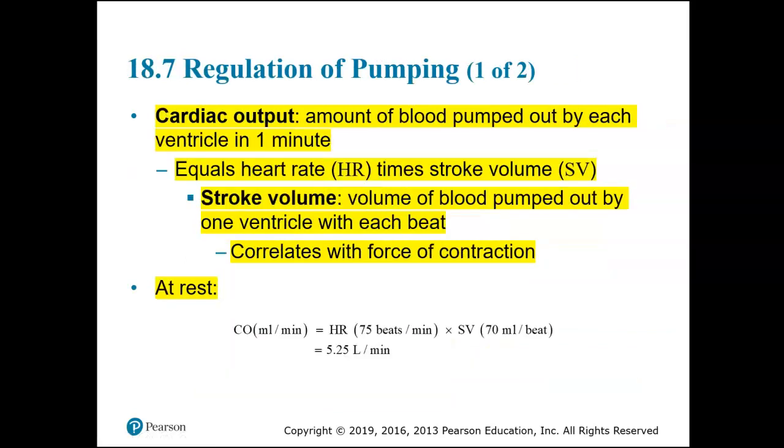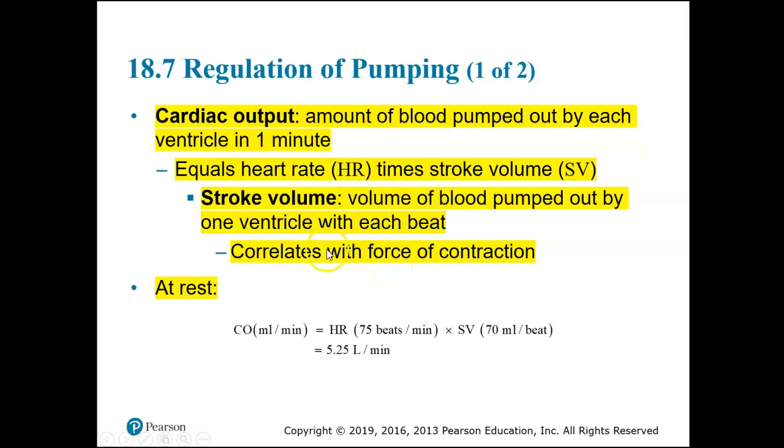Some measurements that we take to determine heart health or heart function is cardiac output, which is the heart rate, or beats per minute, times the stroke volume. The stroke volume is the volume of blood pumped by one ventricle with each beat. And the stroke volume is going to correlate with the force of contraction.